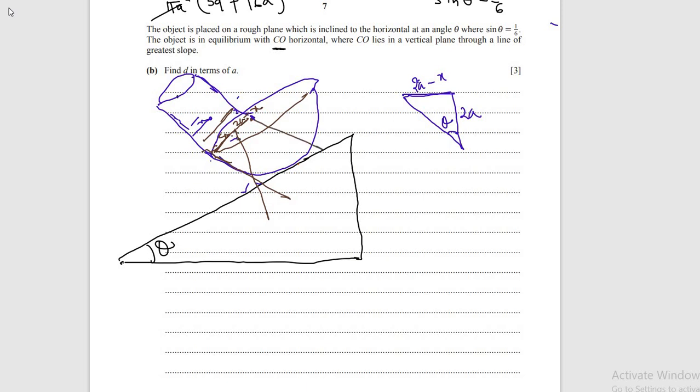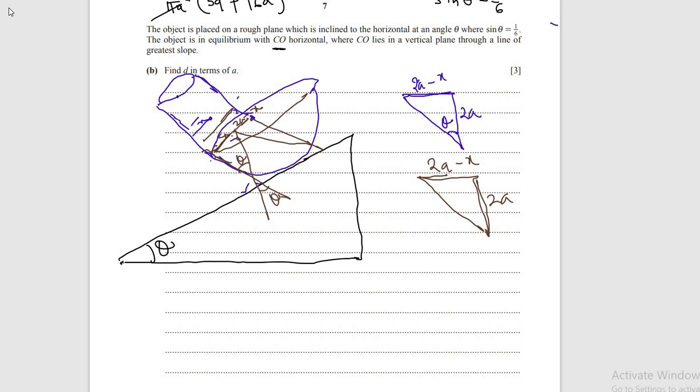So from here, form an angle. So this is the angle. This place is 2A minus X. This is 2A. Now this is the line that joined them together. Here is theta.